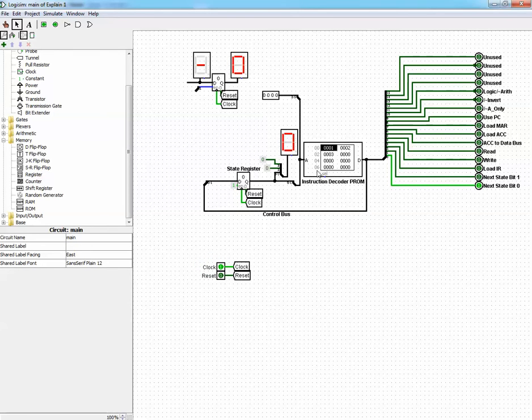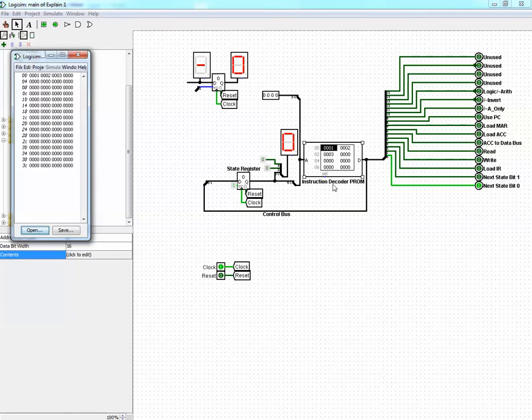First of all, let's have a look at the inputs of this raw instruction decoder PROM. As we have seen, it has been extended from 4 memory inputs to 4 by 16, which is 64 memory inputs.